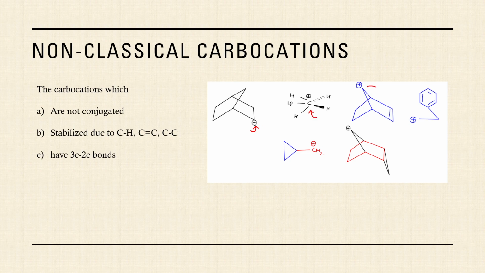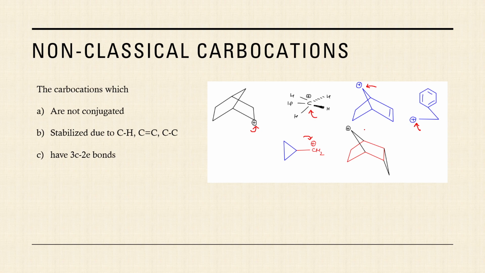Conjugation का मतलब क्या? Alternate positive charge and lone pair, या फिर alternate positive charge and pi electron. So positive charge, single bond, then pi electrons. So this is not conjugated. This is also not conjugated. This is not conjugated. किसी में भी conjugation present नहीं है.